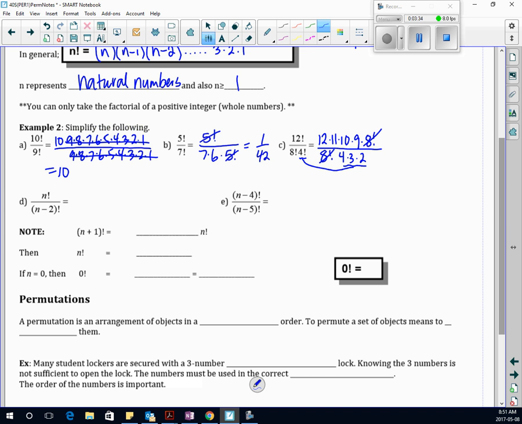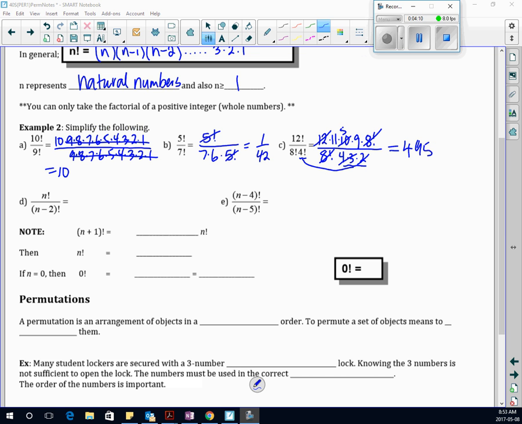The 8 factorial canceled. So does everybody see 4 times 3 is 12, so that will cancel that 12. And 2 goes into 10 5 times. So we have 45 times 11, or 495. Does everybody know the trick for multiplying by 11s? Like, so 45 times 11, the outside is that 4, the other outside is the 5, and then you just add those two together like that.